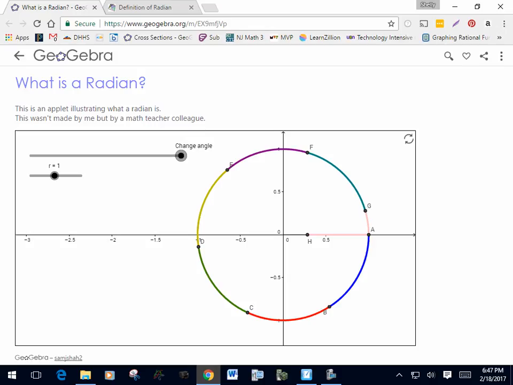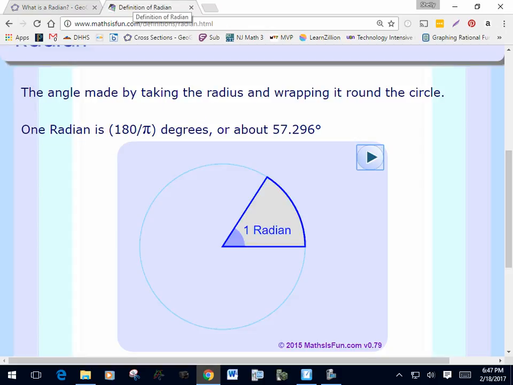So these radians are just another way of measuring an angle, kind of similar to degrees, but a different measurement. So here's another one, just shows you that 1 radian rotation. If you wrap that radius around the edge, the rotation necessary, so the angle, is 1 radian.